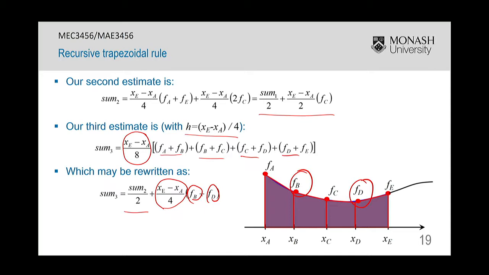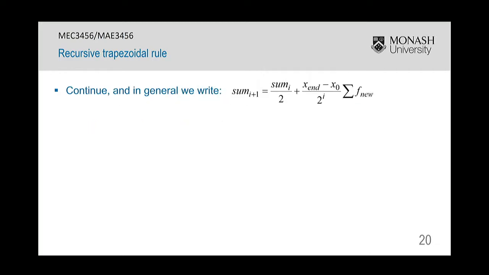So what we can see is a pattern is starting to emerge from this process. In general, we can write that sum I plus 1 is equal to sum I on 2 plus the total range of our integration, so that's x end minus x naught, divided by 2 to the power I, times the sum of the new function values that we have to introduce to increase the number of segments.